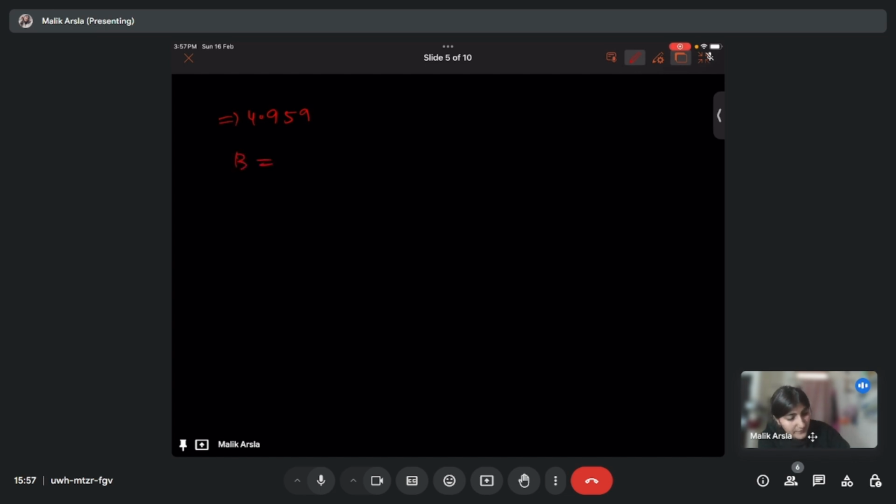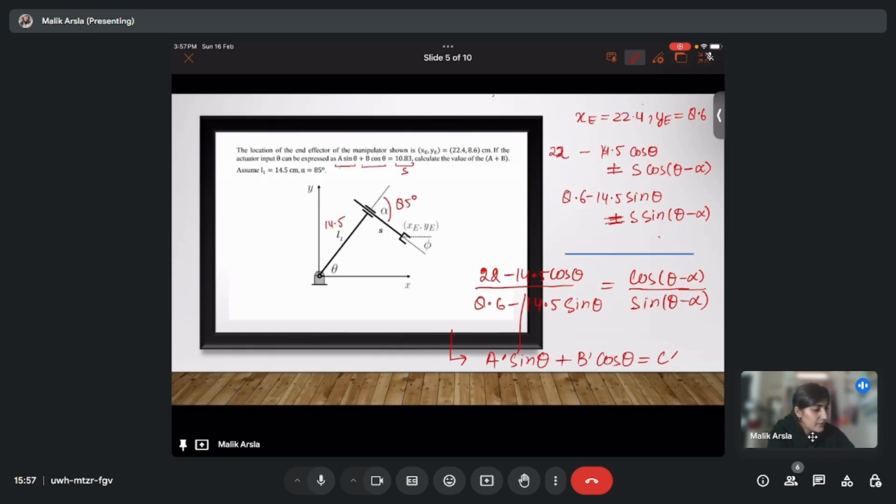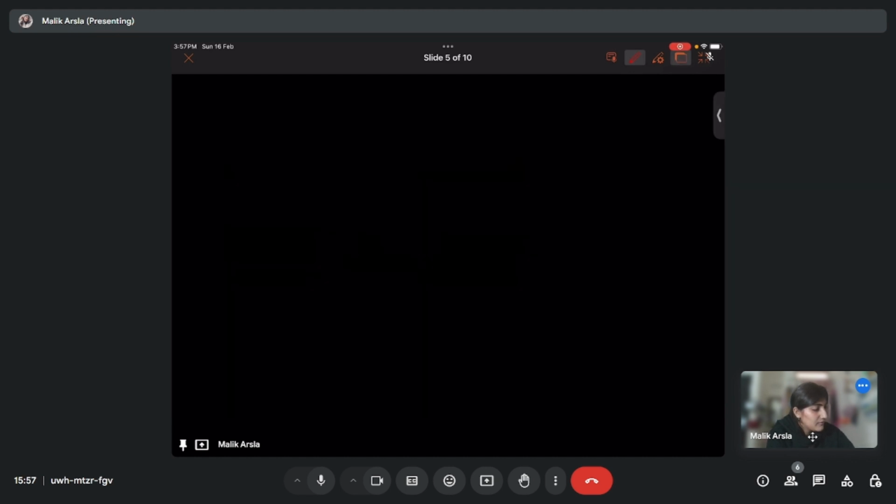Sorry, somehow that got discarded. Anyways, I can write it again. So b is 17.29. Yeah, that is b. So b is equal to 17.29 and a is equal to 4.959. It is from those relations only.